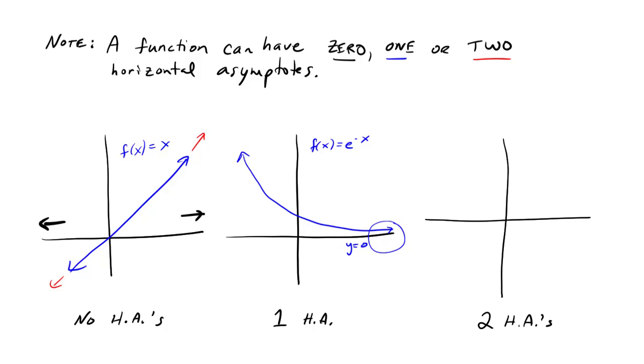All right, what about two horizontal asymptotes? So that's a stranger situation, but there are plenty of functions that have that.